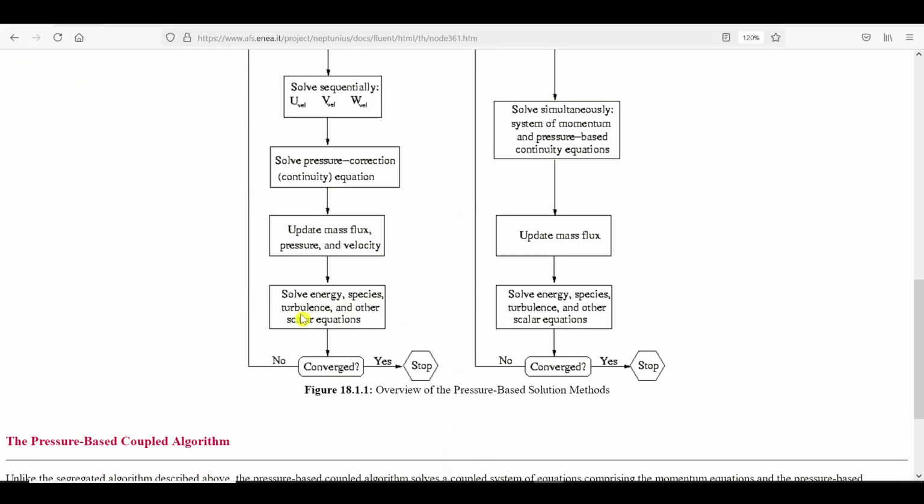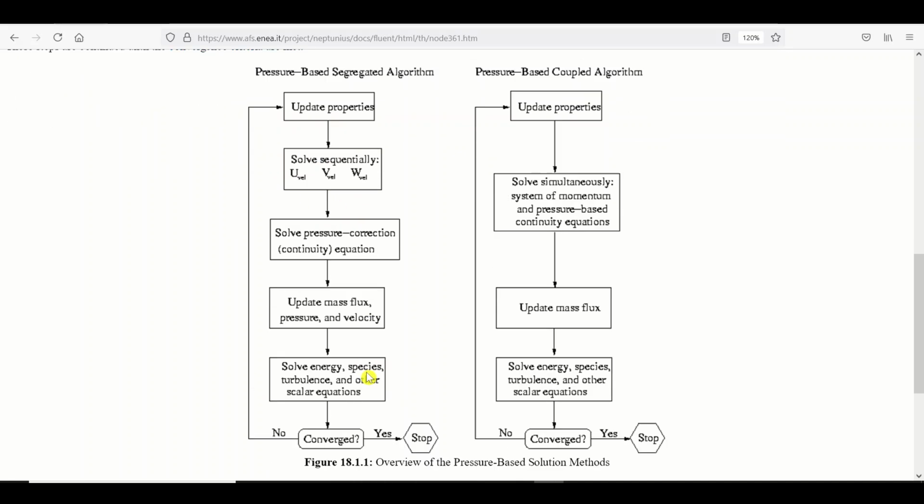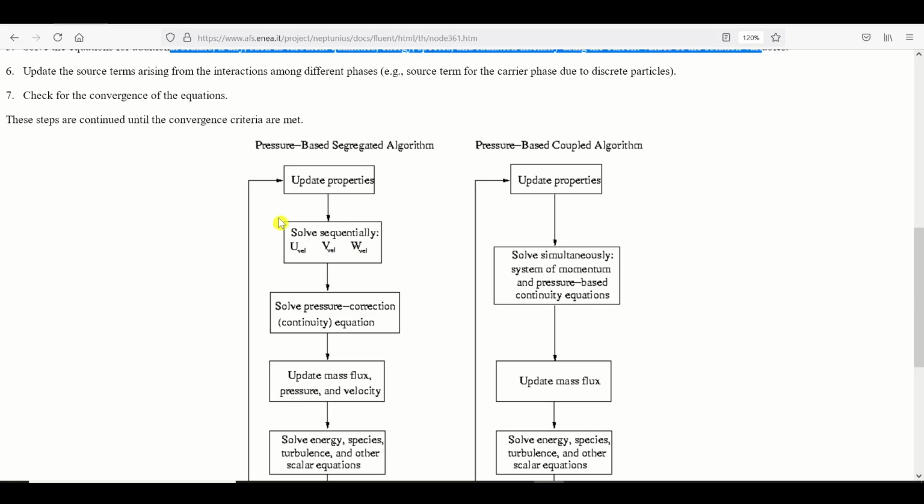Now after the solution of this, we are getting certain numerical values. We are checking the numerical values and seeing whether those values are below a benchmark value. If it is below the benchmark value, then we can say that the solution is converged. Otherwise, we go back to the beginning of the complete path, and we consider the last updated values, and we again solve the velocity equation.